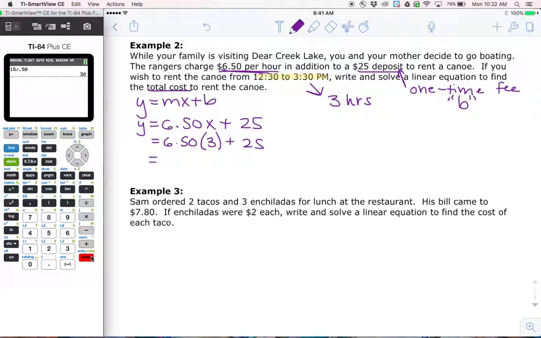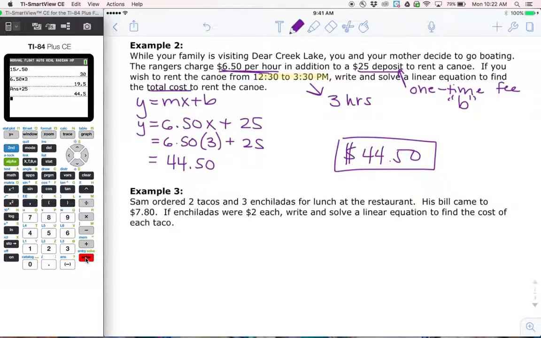So all this is going to cost me, we just put in our calculator. Some of us can do it in our head. 6.50 times 3, so that's going to cost me $19.50 plus the $25 deposit. This is going to be equal to 44.5. And I'm going to put 0.50 because it's money. So for 3 hours, it's going to cost me $44.50 to rent the canoe.